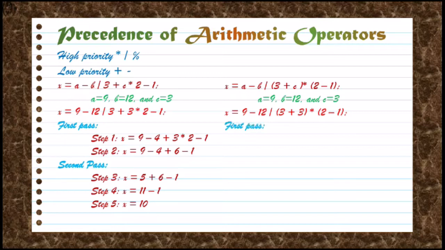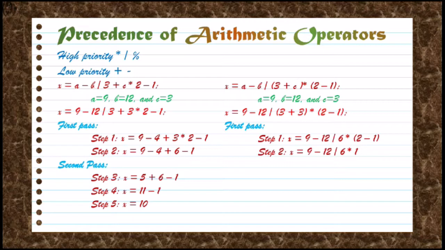So in pass 1 the statement becomes x equal to 9 minus 12 divided by 6 into, again in bracket, 2 minus 1. In step 2, solve the other bracket, so the statement will be 9 minus 12 divided by 6 into 1.